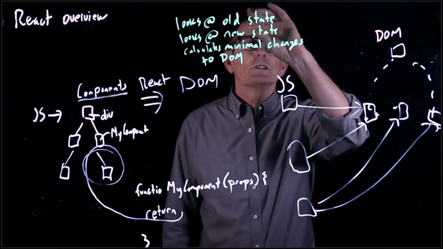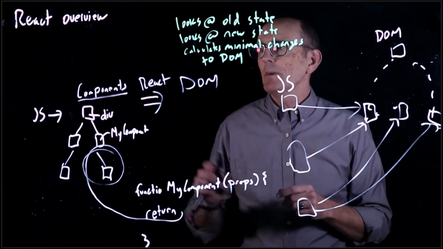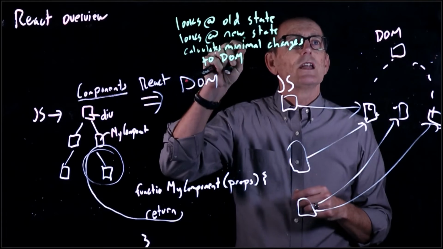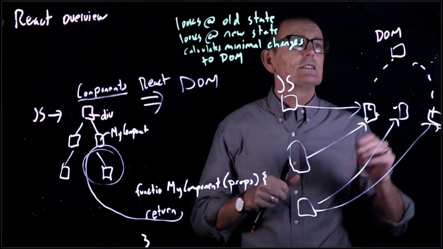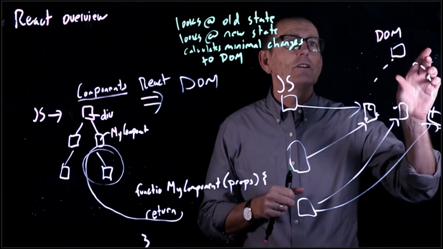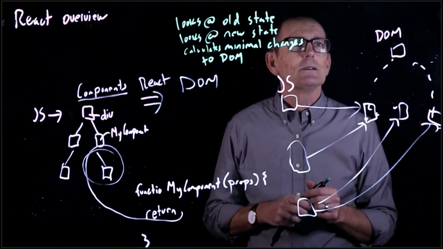So if the only difference between the old state and the new state is there's one single new element, it'll go ahead and add that new element to the DOM. If the difference between these two is that there's an element in the DOM that's been removed, it'll remove the DOM element. If the difference is that one of these elements in the DOM, let's say a paragraph, has the words changed, it'll go change those words in that DOM element.